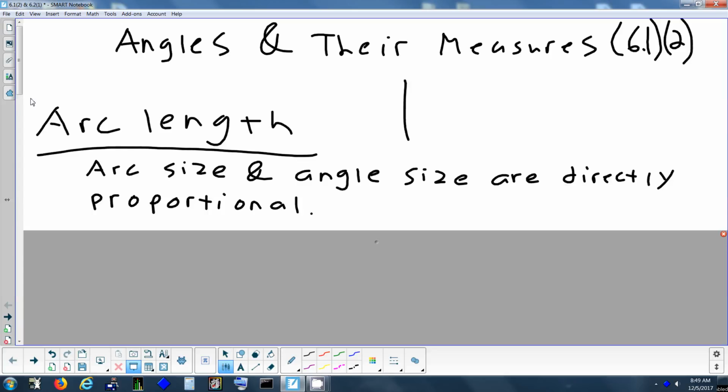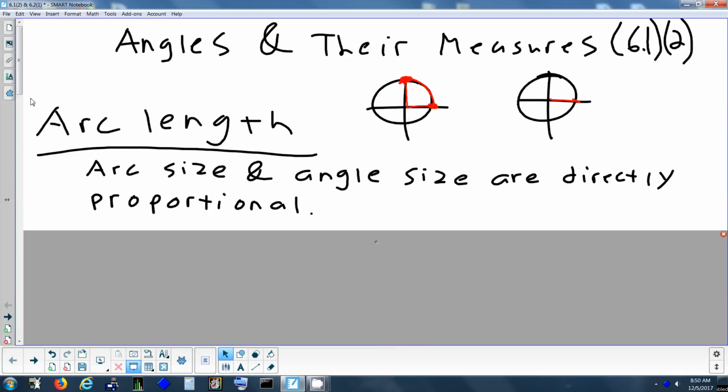So, in a circle, if you draw an angle, let's say a 90-degree angle, it hits the circle there, and there's your arc length. Now, let's double the size of the angle. So instead of a 90, I'm going to make it a 180. So now my initial side and terminal side hit here and here.